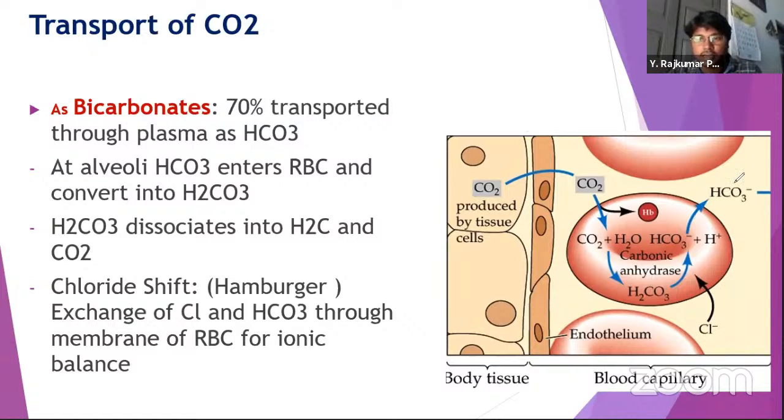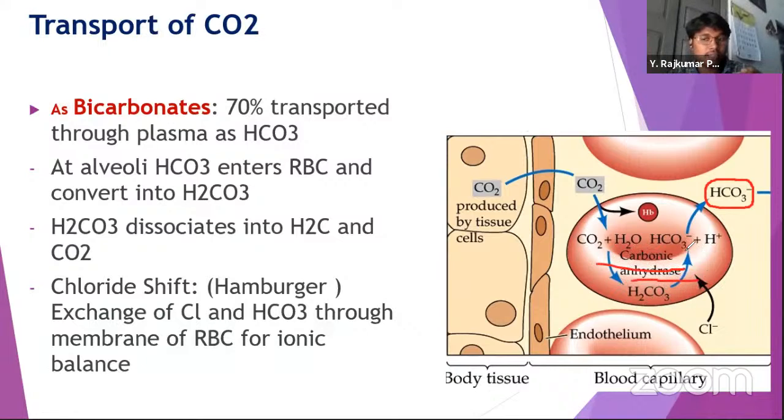Carbon dioxide is transported in the plasma in the form of bicarbonate, so first of all, it should convert into bicarbonate. Carbon dioxide converts into bicarbonate in the RBC by carbonic anhydrase.